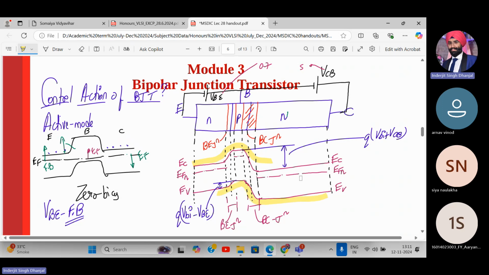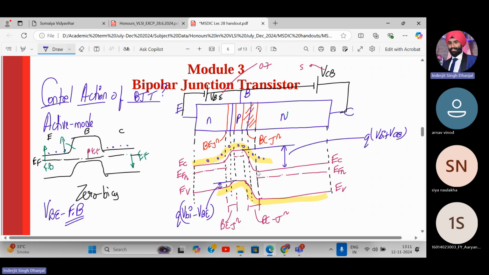Are you understanding what I'm trying to do? The electrons present first have to overcome the energy band gap, then they reach the conduction band. And if we apply a voltage across the emitter and collector terminals, this side of the energy band diagram reduces slightly and this side increases. So any electron present over here, I'm drawing with circles, will topple over the barrier and reach the collector side.